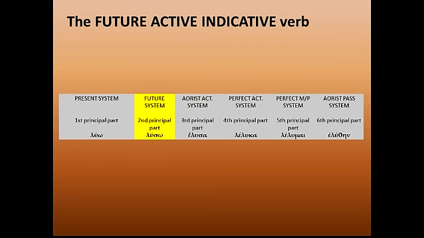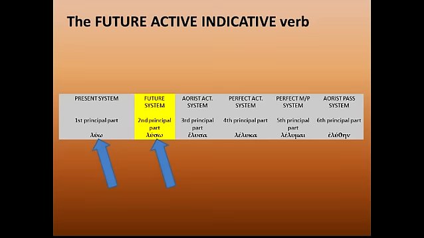The future stem is part of the future system. It's built on the second principal part. And you'll look right there and you'll see the verb luso. So the stem looks a little different than the lambda upsilon. The difference is it has a sigma. The present system is built on the first principal part, which is the lambda upsilon.